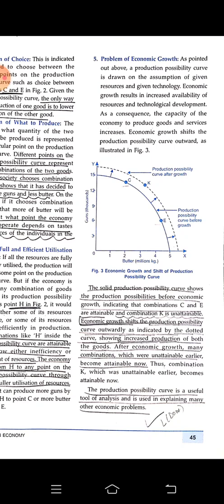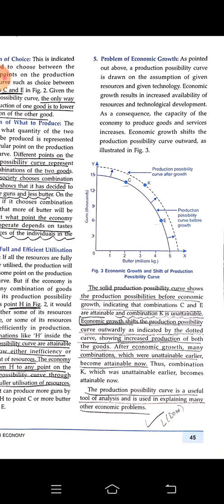Economic growth shifts the production possibility curve outward as indicated by the dotted curve, showing increased production of both the goods. After economic growth, many combinations which were unattainable earlier can be attainable now.